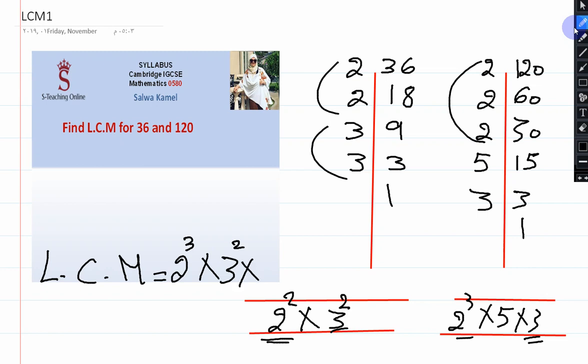What about 5? It is not common, but I will take it here for the lowest common multiple. So I have 8 by 9 by 5, which equals 360. It will be the lowest common multiple. This way, you cannot make any mistakes.